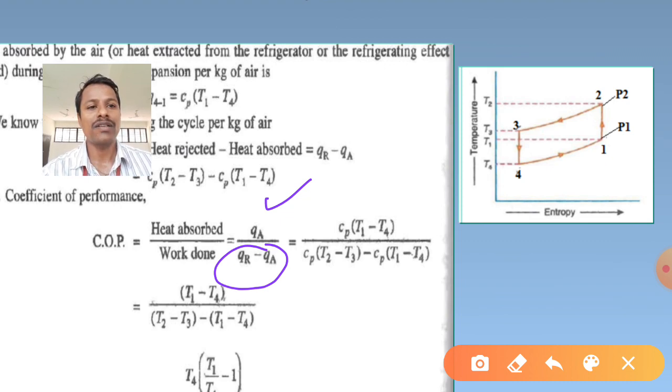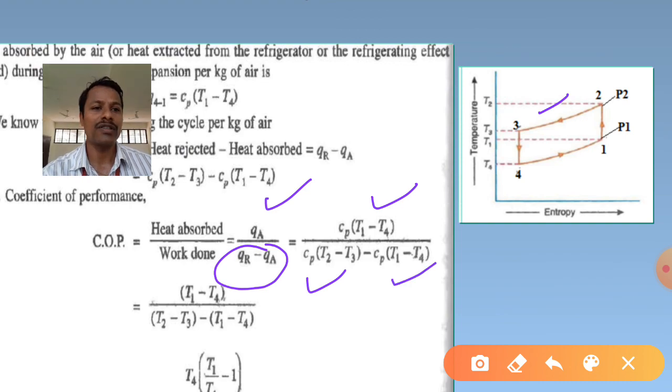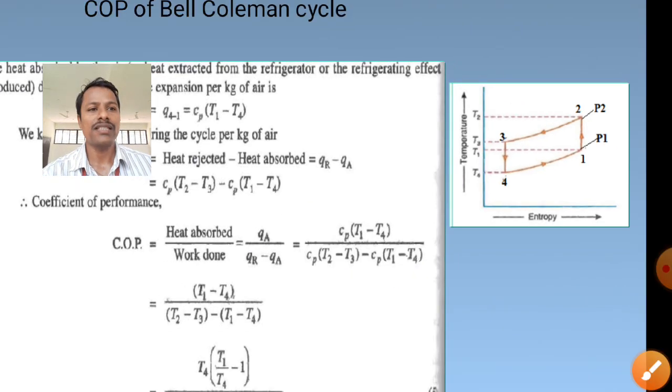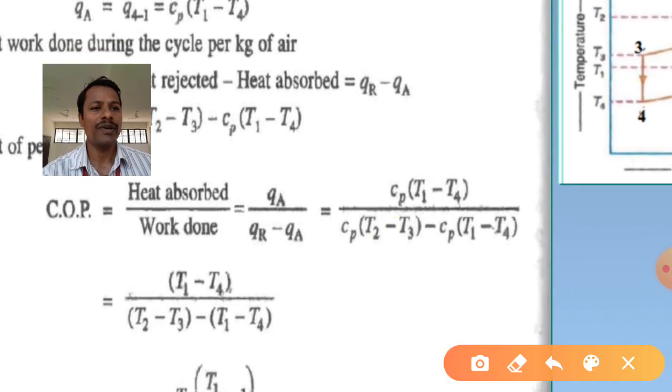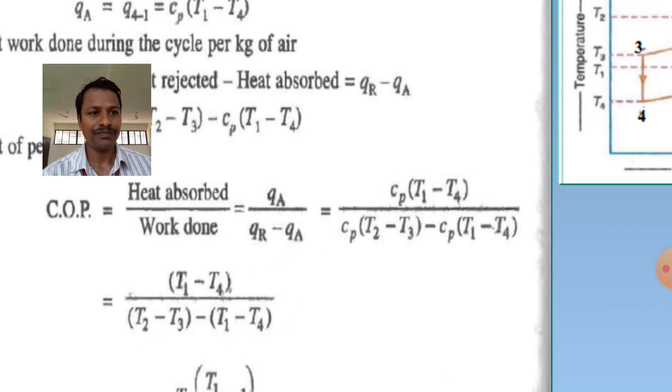So we have the expressions for QR and QA, and we have substituted them: QA is Cp into T1 minus T4, QR is Cp into T2 minus T3, and again QA. Among these, Cp is common, so we can cancel Cp from the denominator and numerator. The remaining terms we have written.